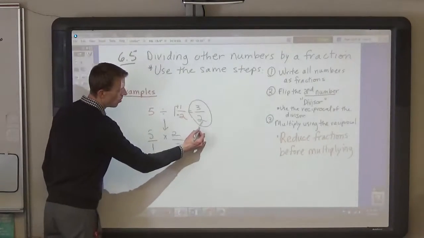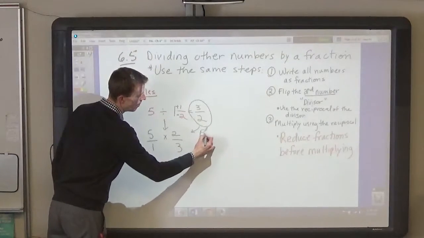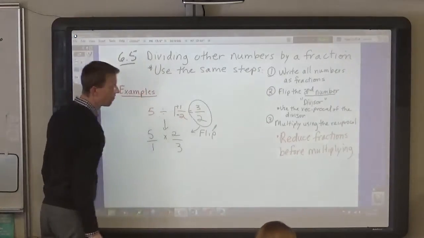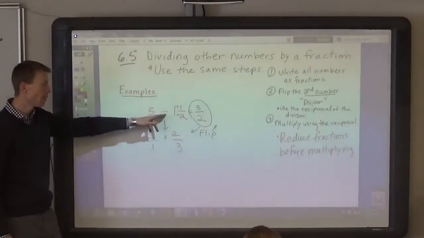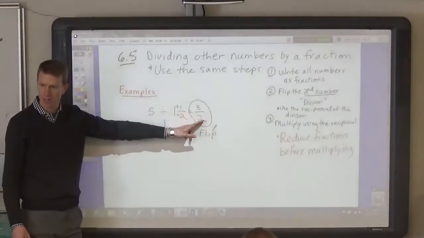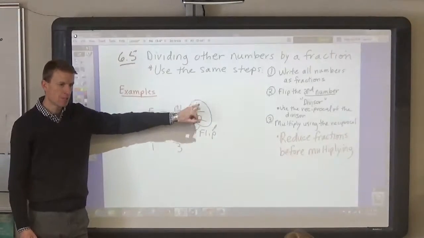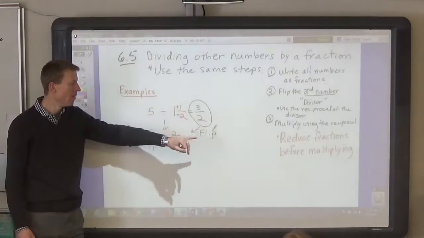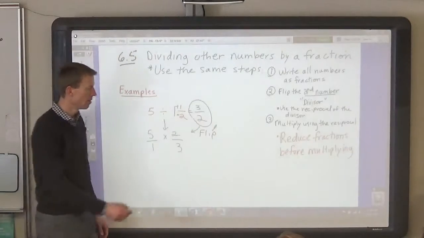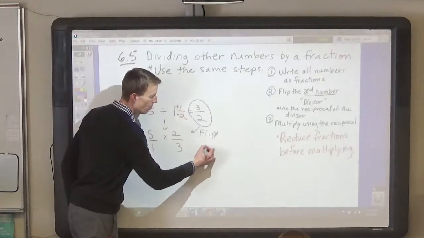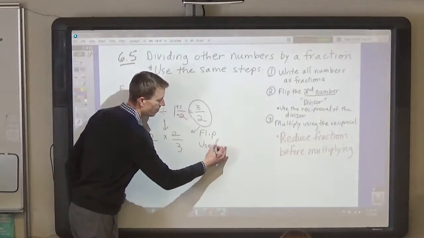Okay? We flip the second fraction. First, you have to find the top-heavy fraction if it's a mixed number. Mixed numbers become top-heavy fractions, and then you flip it and use the reciprocal.